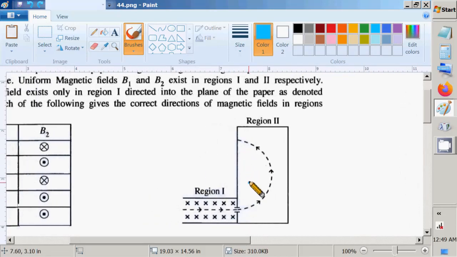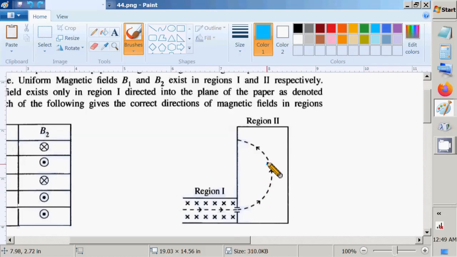So you can see this electron moves along a circular path. We know in mechanics, if any object moves in a circular path, there must be a force to the direction of center of the path. That is called centripetal force.